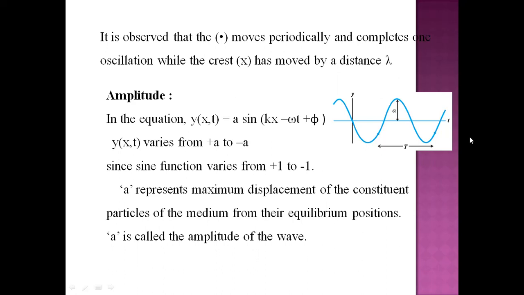Now let us look at a few definitions. What is amplitude? As you can see in the representation there, amplitude is marked as A and it is in the y-axis, perpendicular direction.